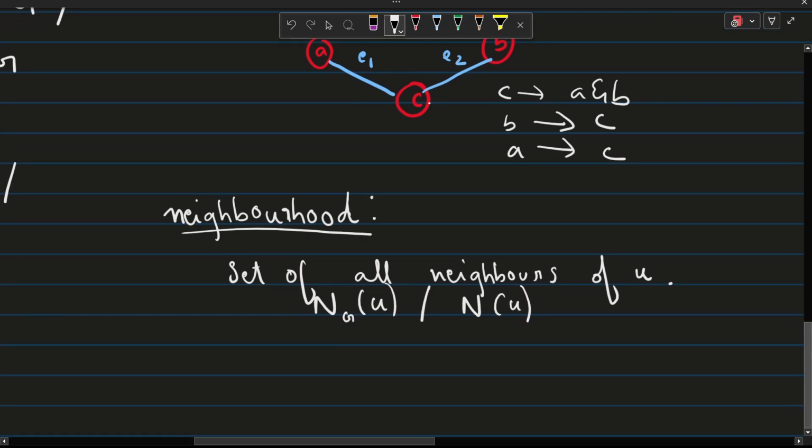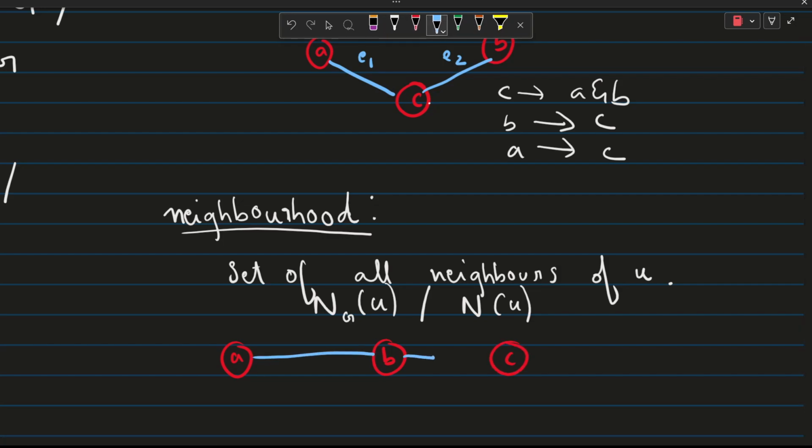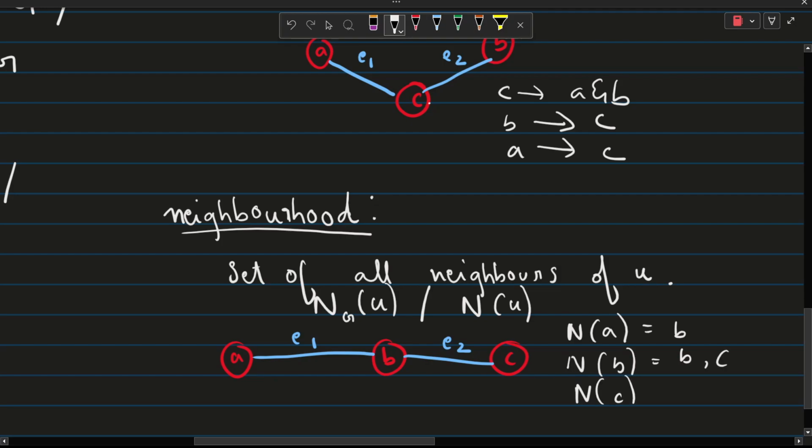For example, A, B, C are three vertices connected by edges E1 and E2. In this, neighborhood of A is B, neighborhood of B is both A and C, and neighborhood of C is just B.